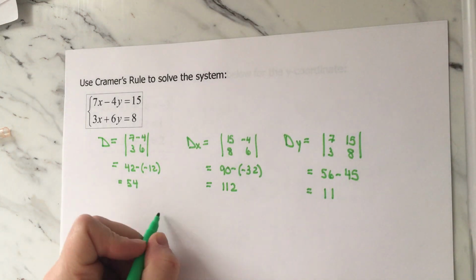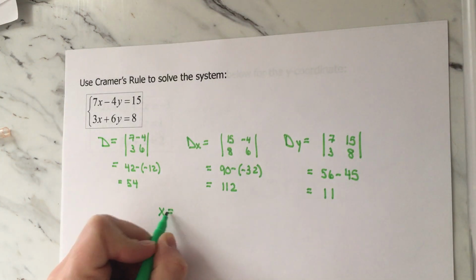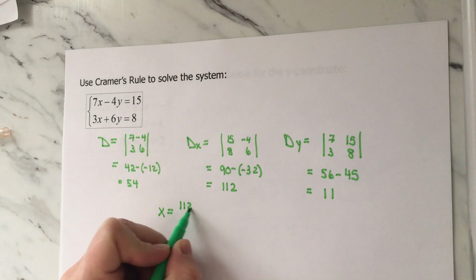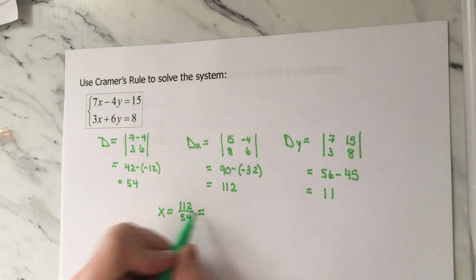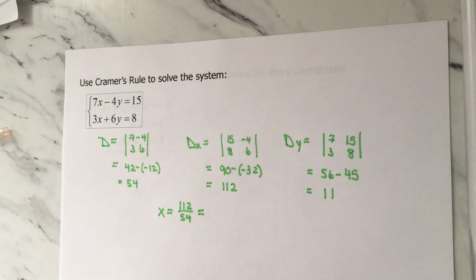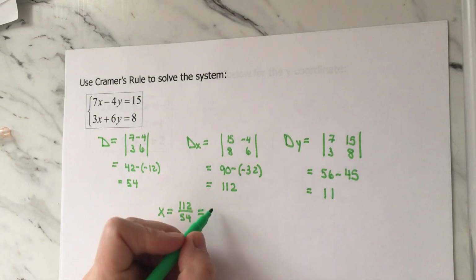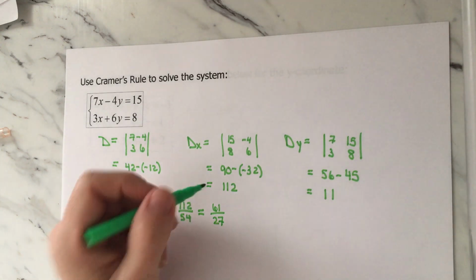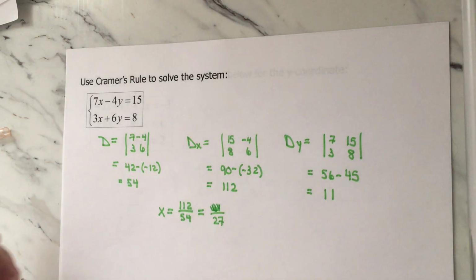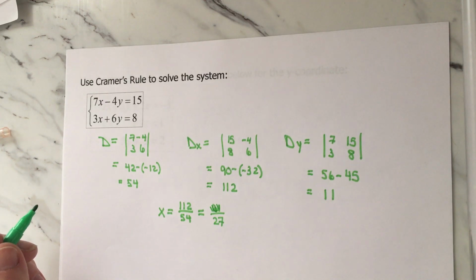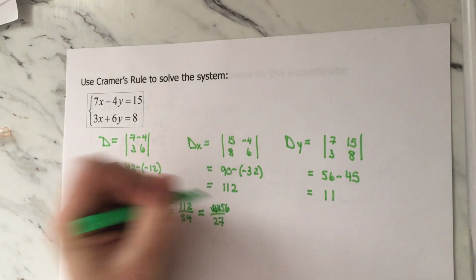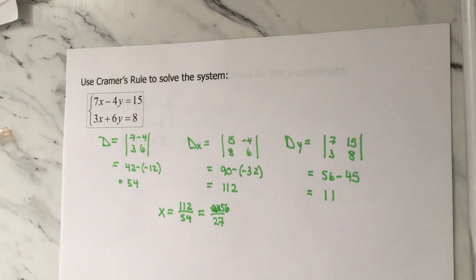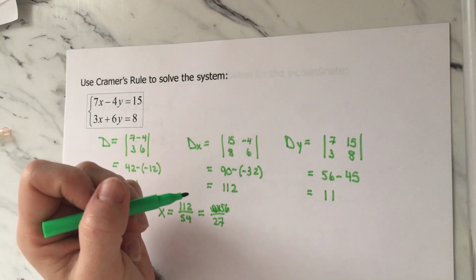All right, and then I'm ready to say that x is going to equal 112 over 54, which I'm going to reduce down to, what does that reduce down to? 61 and 27. Does that seem right? That is not right. I can't do my math. What would that be? 50. How many if I'm doing my math right here, guys? That's right, 56, right?